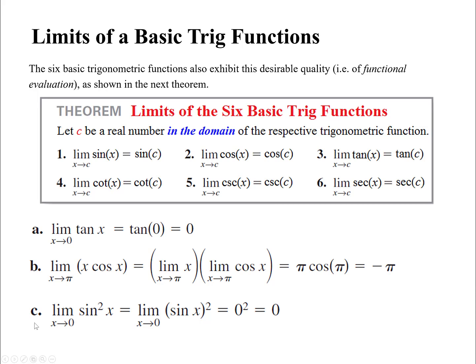Finally, the third example. Now, notice these are the basic trigonometric limits. Sine squared is not in here. So how do we evaluate the limit as x goes to 0 of sine squared? Again, using the same theorem, actually we're using the other version of the theorem. Let's go back. We could do this 2 different ways.